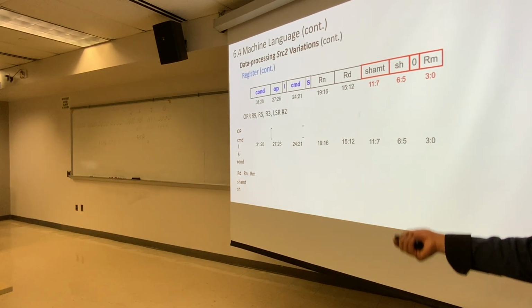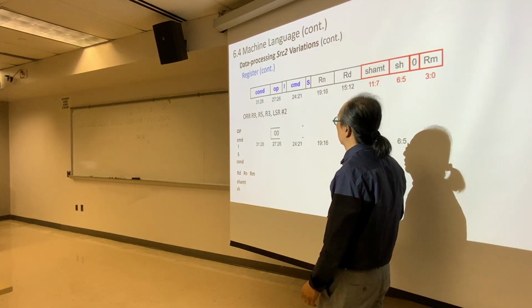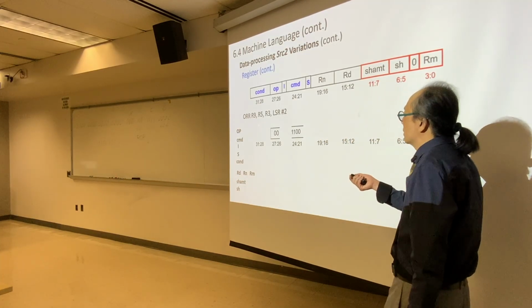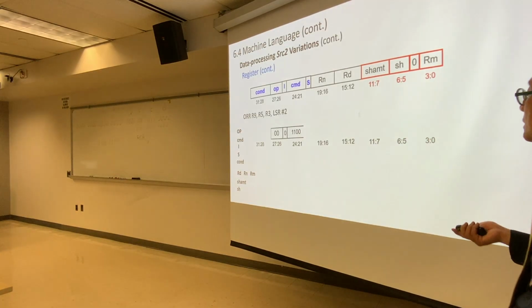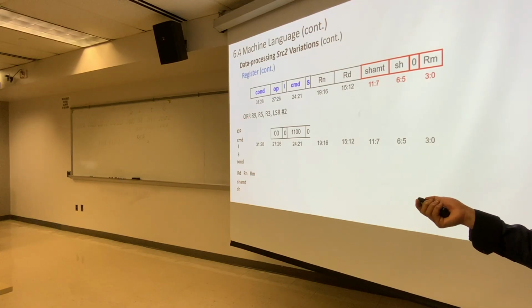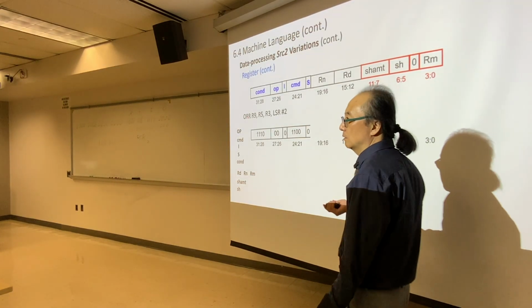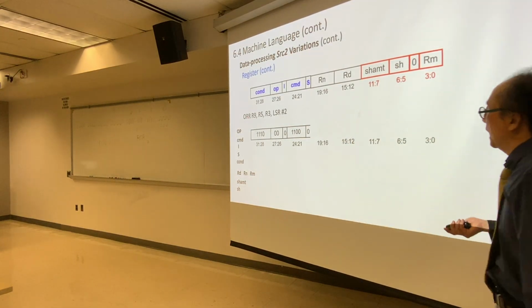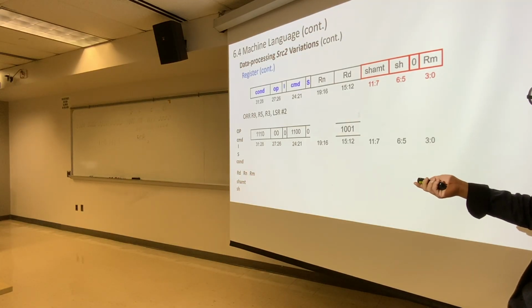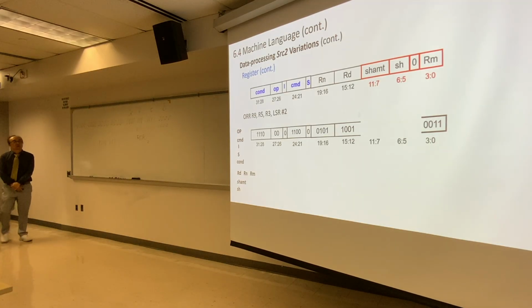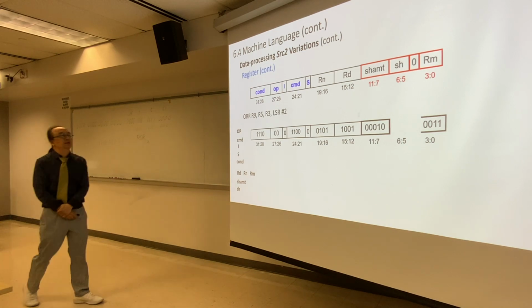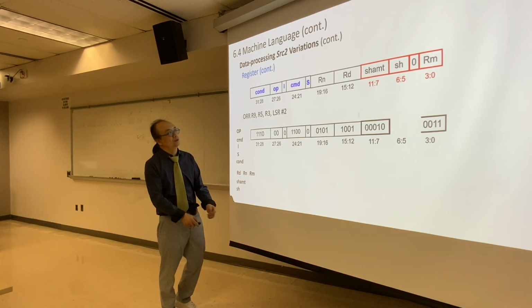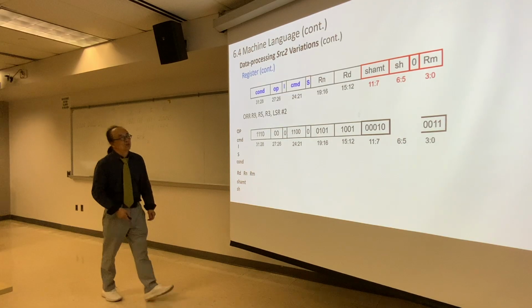So if we go through the same sequence, opcode is going to be 00, CMD is OR, 1100, and then immediate is going to be 0, S is 0, there's no S, and then COND is 1110, data processing, and then RD is 9, RN is 5, RM is 3, and shift amount is going to be 2. We have 5 bits for the shift amount, and number 2 is 00010.